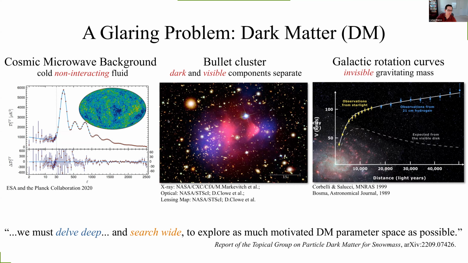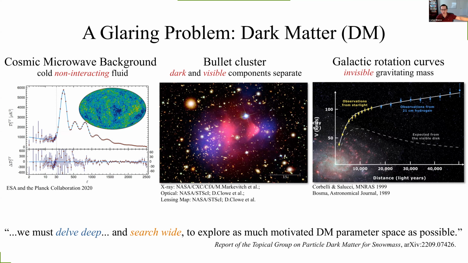If you look at the power spectrum, these peaks and troughs and their relative heights tell you something really important. It tells you that the universe is missing a cold, non-interacting fluid that can't be accounted for by regular matter. So that's a piece of information that just comes from looking at the light that decoupled at the Big Bang.